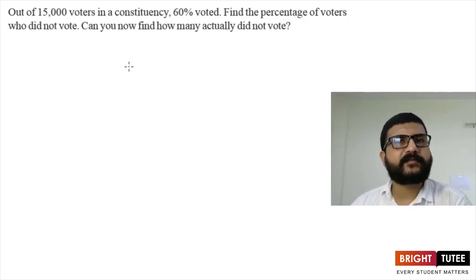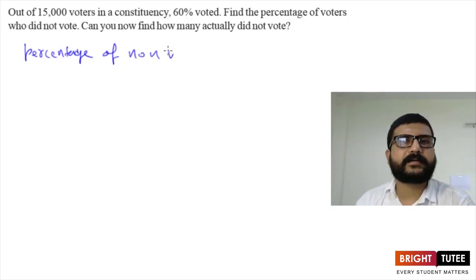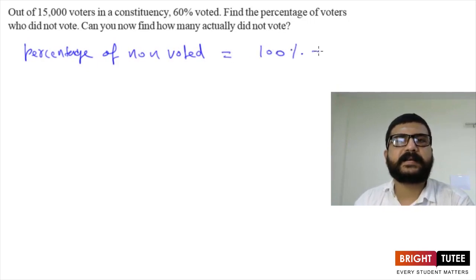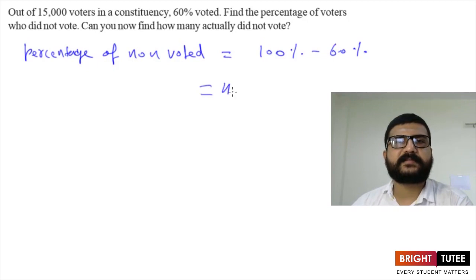And then how many have not voted? Percentage of non-voted will be 100% minus the percentage who has voted, that is 60%. So now this will give us 40%. So it means 40% of the voters have not voted.